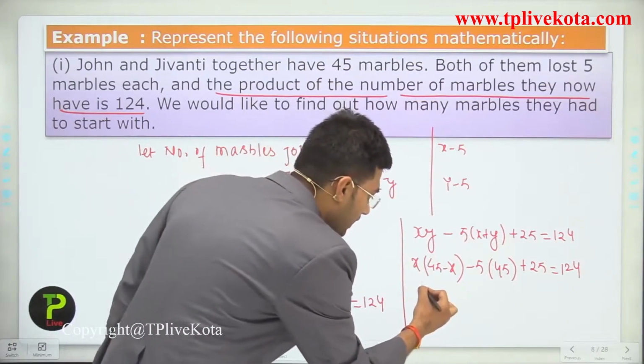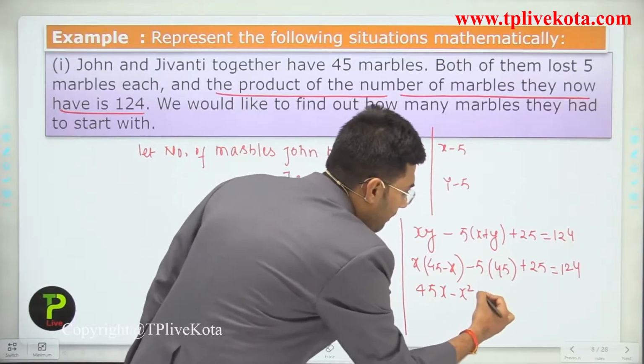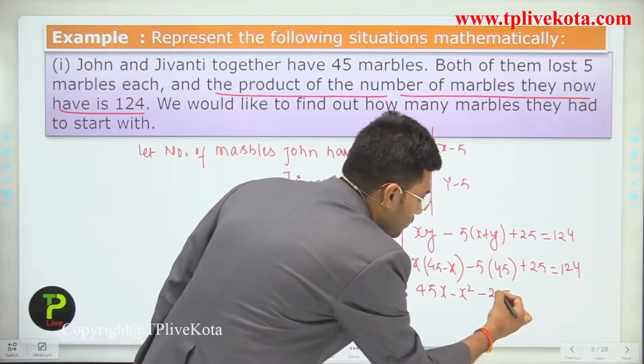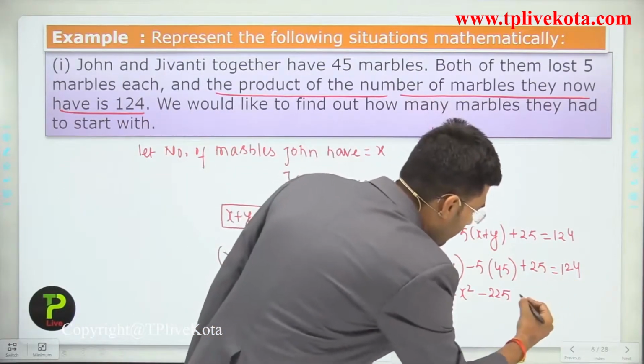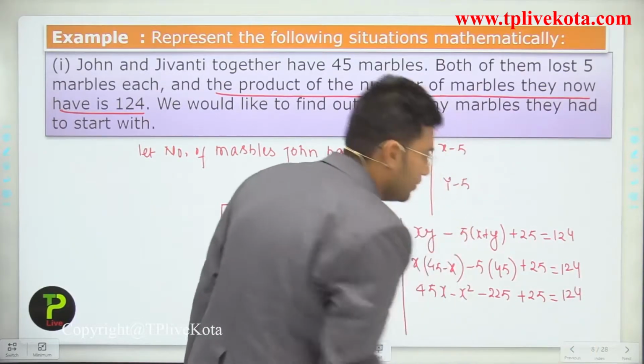When we solve this, what will we get? 45x minus x square minus 225 plus 25 equals 124.